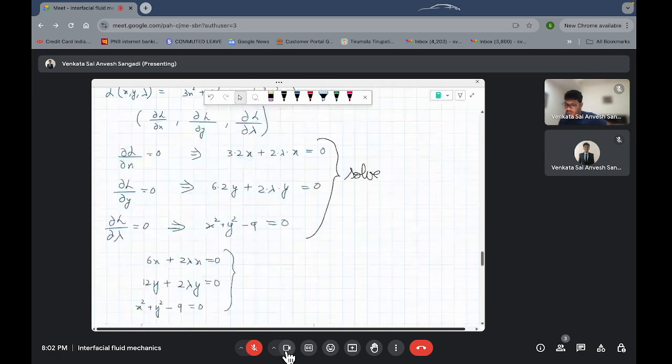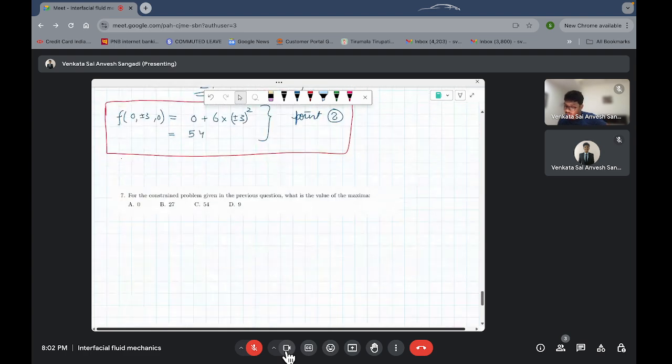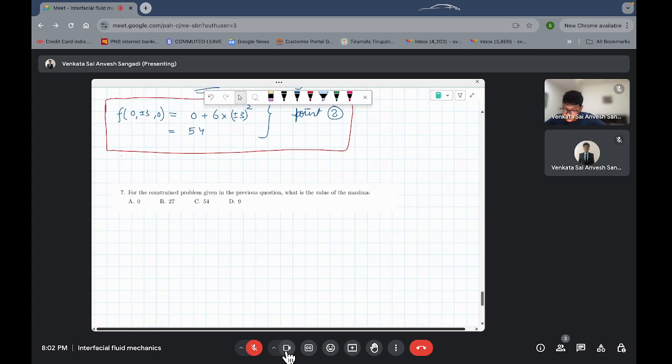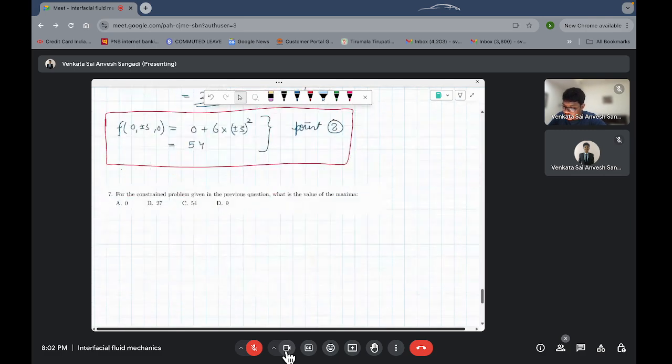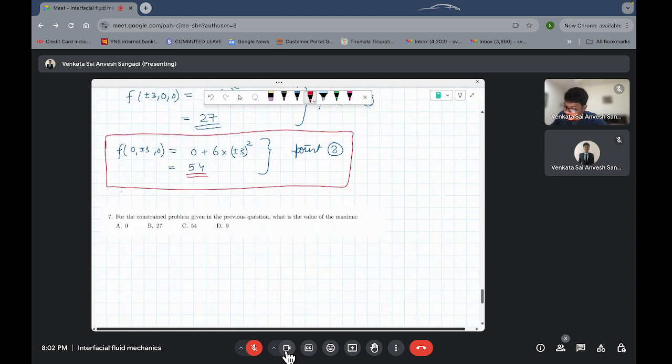So the second follow-up question was, for the constraint problem given in the previous question, what is the value of the maxima? As we have seen, the maxima is 54.